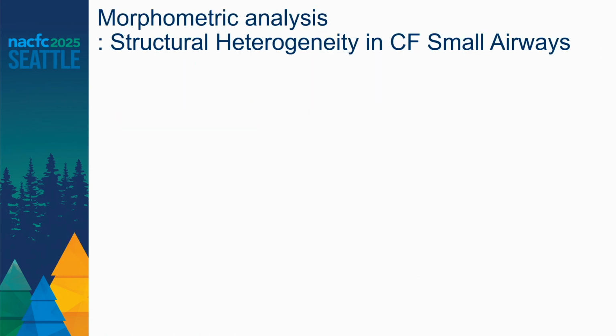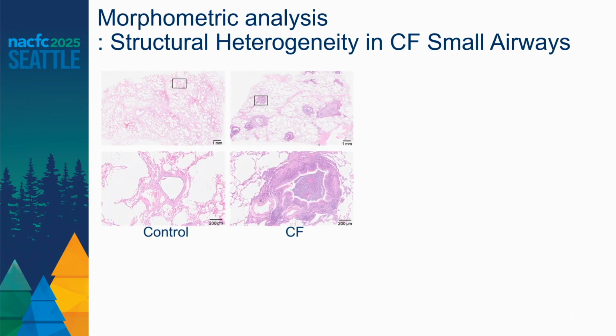The first result is the morphometric analysis part. As you can see, we can imagine that this CF small airway is dilated compared to these airways. But that is because we selected almost matched sizes of airways.